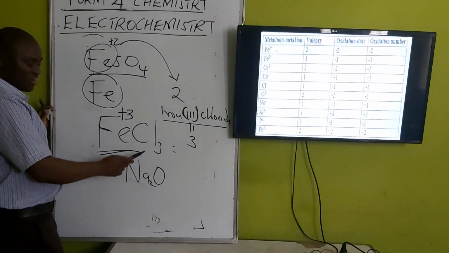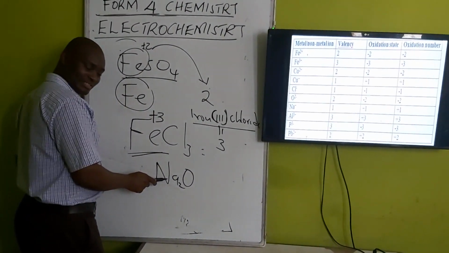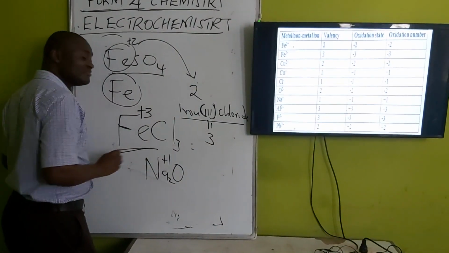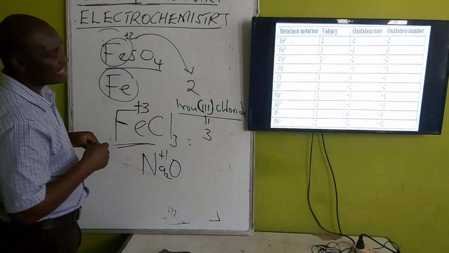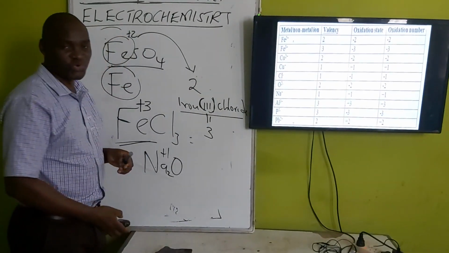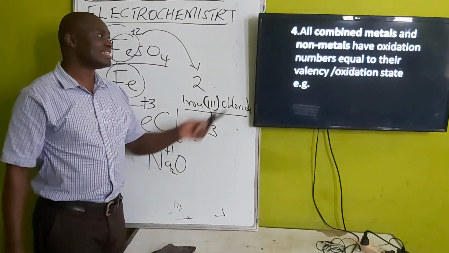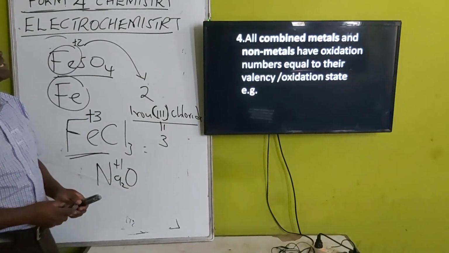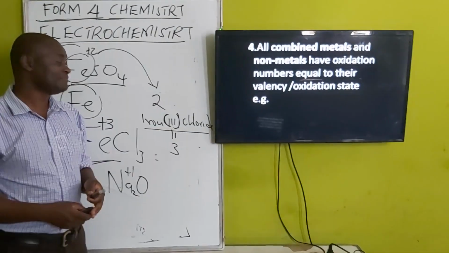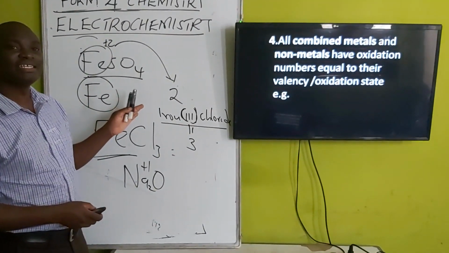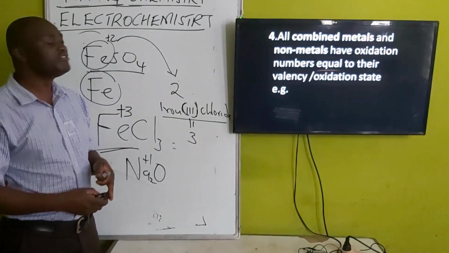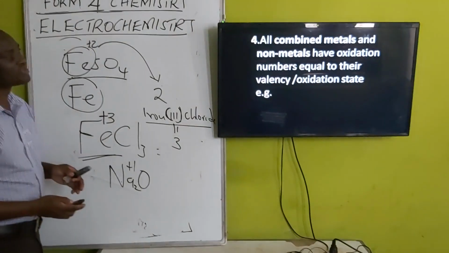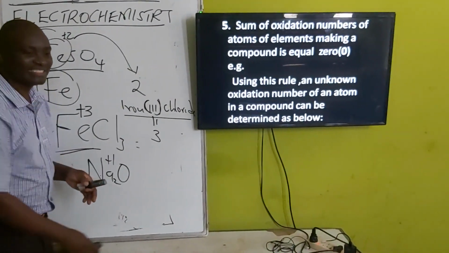Here the valency of sodium is 1, so its oxidation number is positive 1. That rule is very clear: all combined metals and nonmetals have oxidation numbers equal to their valency. So you just check the valency, and that valency will give you the oxidation numbers. We move to the 5th rule, the sum.